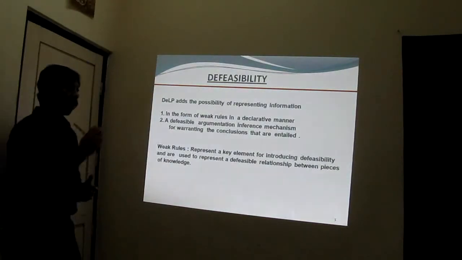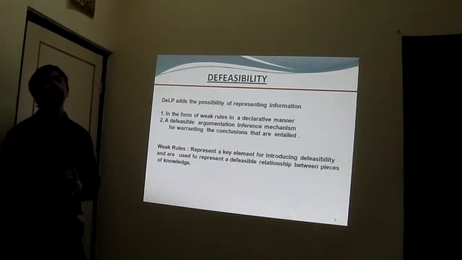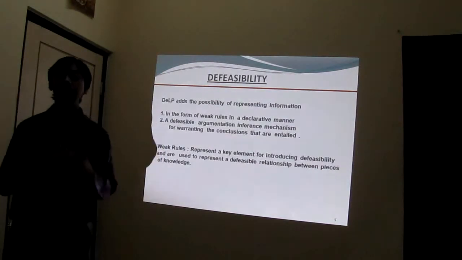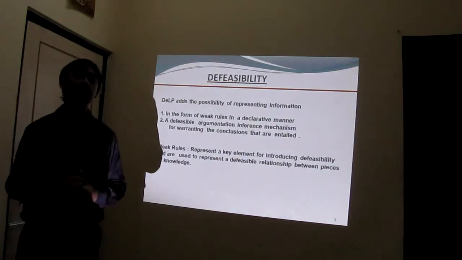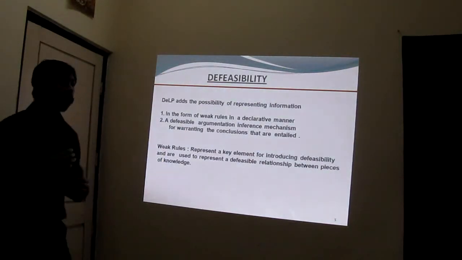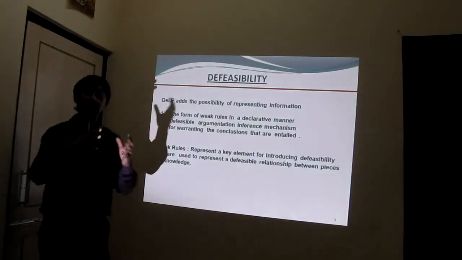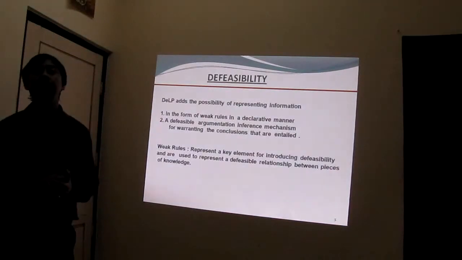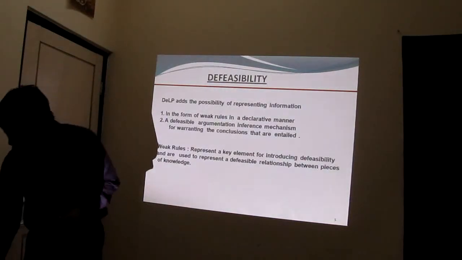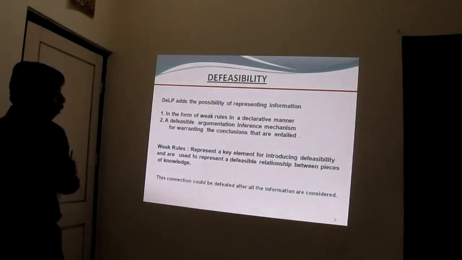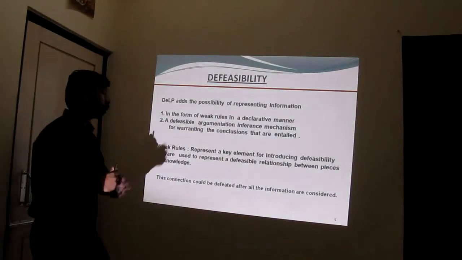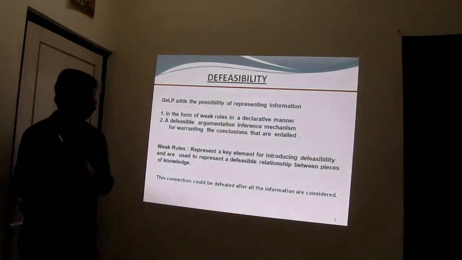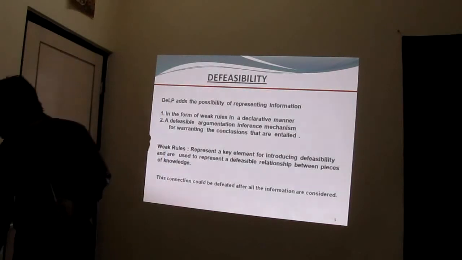But for a person in Australia, the statement is not true, because they celebrate their Christmas during summer. So for this kind of statement, when you consider all the information, it comes up with some different results. So we call this kind of statement a weak statement. The connection could be defeated after all the information is considered.